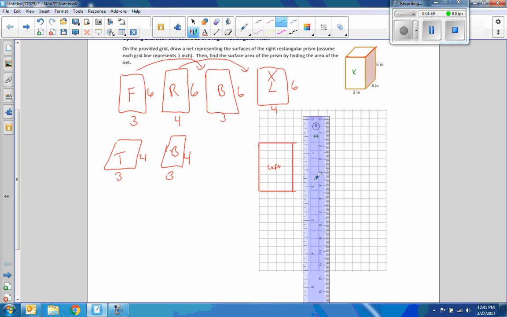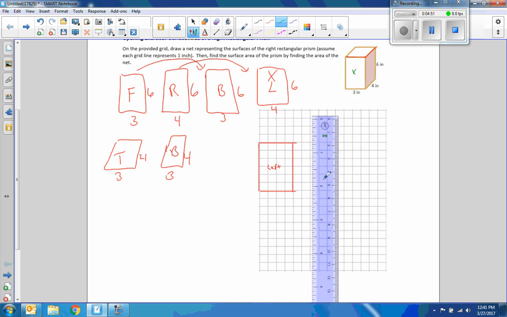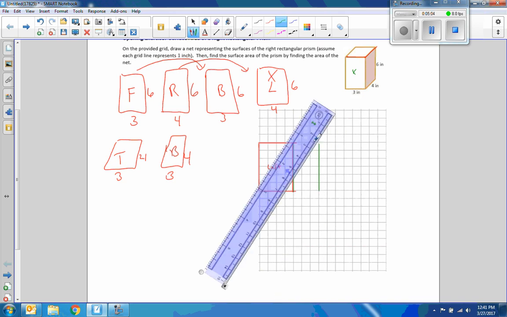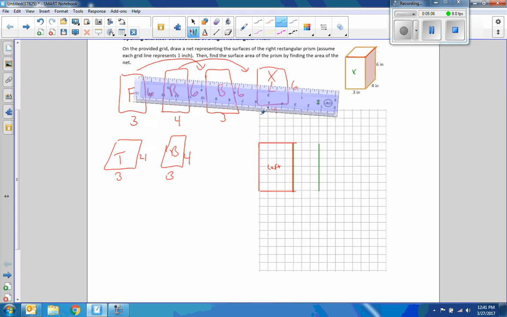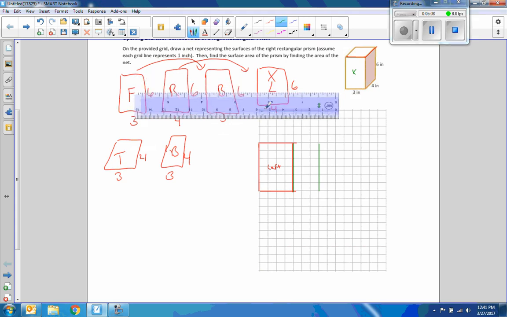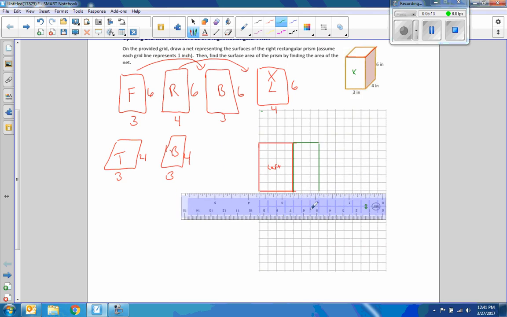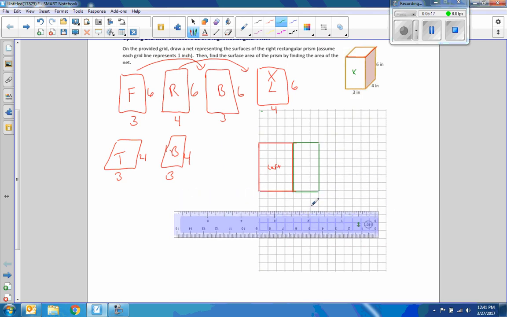So I have to go over 1, 2, 3. So this front piece is here, and it lines up with this. So this would be our crease, our fold, if it was a box and we were unfolding it. And then this is 3. And this is 3. So that is the front.